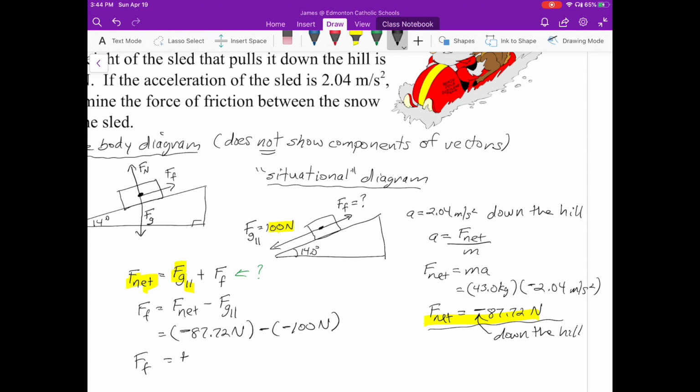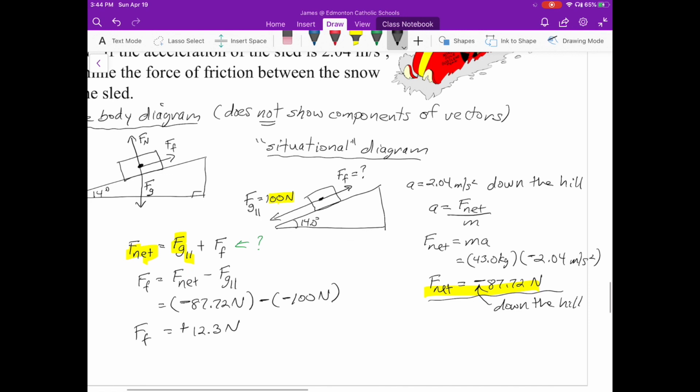So when you subtract those two, we get a positive value. We get 12.3 newtons when you round it off. So that's the answer to our question. Positive sign indicating up the hill. 12.3 newtons up the hill.